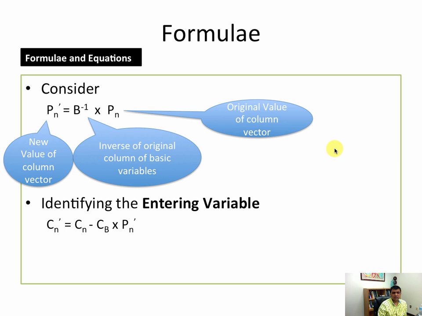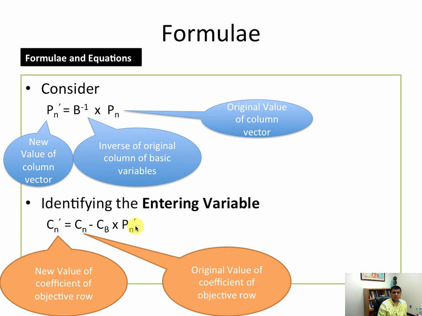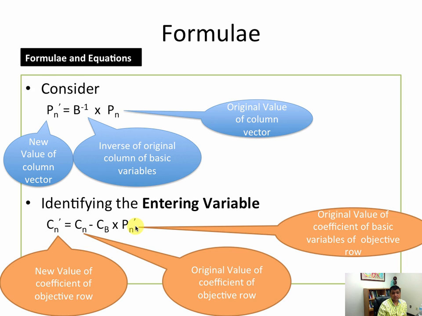Now we look at how we identify the entering variable, and that is given by the equation Cn prime is equal to Cn minus Cb multiplied by Pn prime. Here the new value of the coefficient of the objective row is given by the original value of the coefficient of the objective row minus Cb multiplied by Pn prime, where Cb is the original value of the coefficients of basic variables in the objective row.